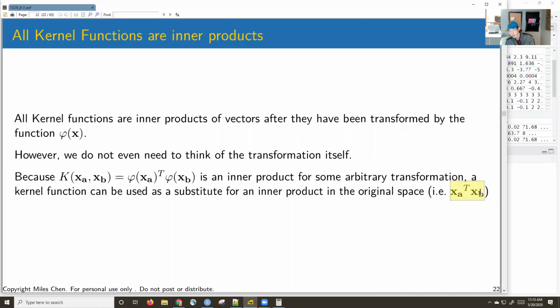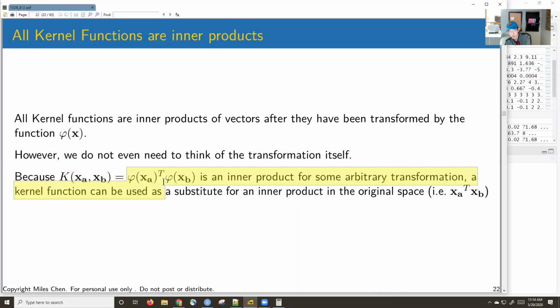So if we see this and ask what if I applied a transformation function phi to xa and a transformation function phi to xb, I can replace that whole thing with the kernel function of xa and xb.